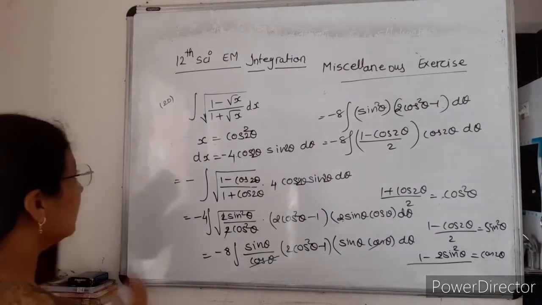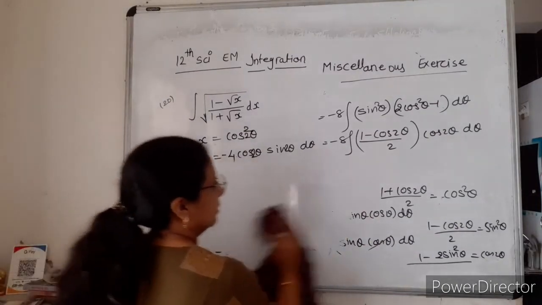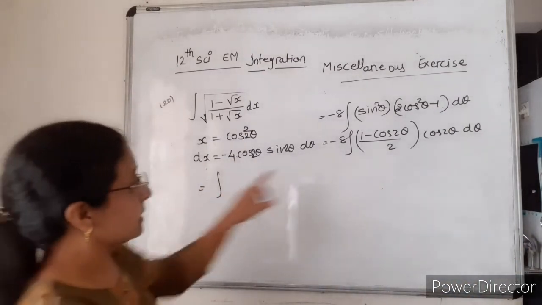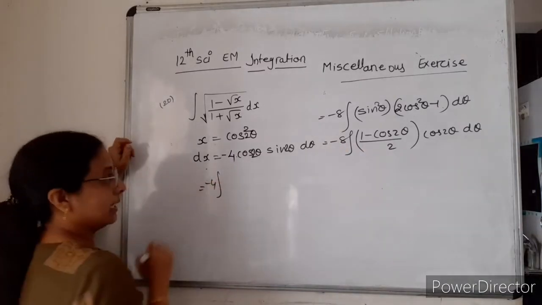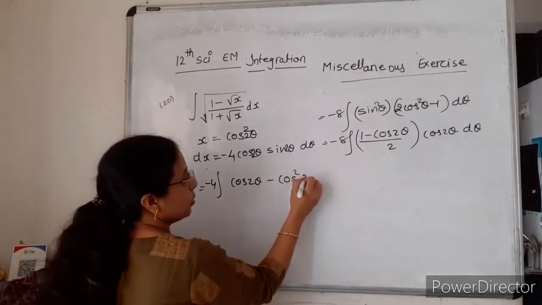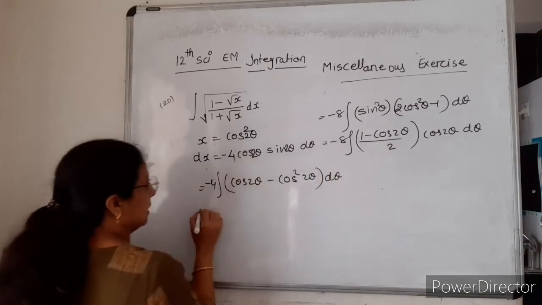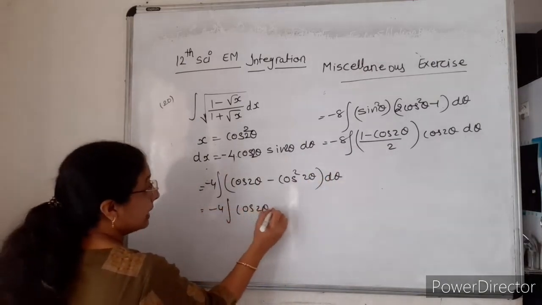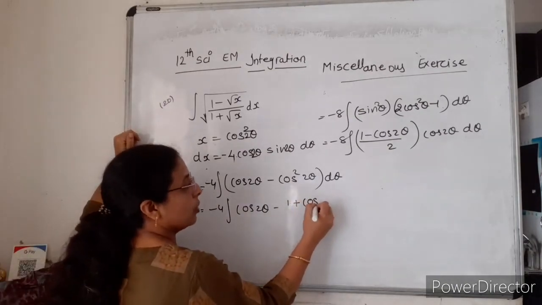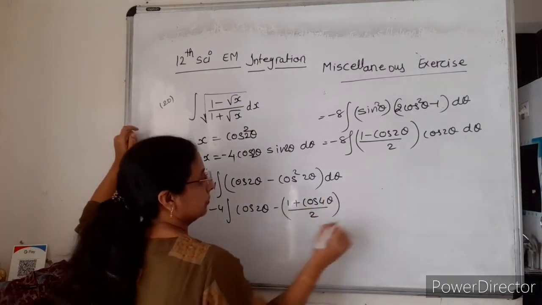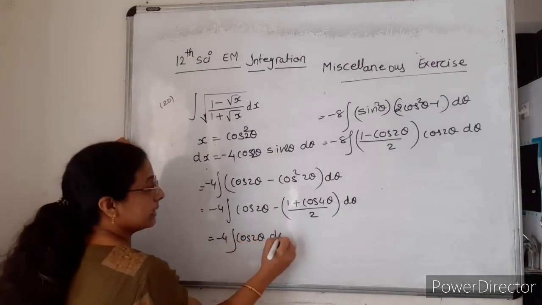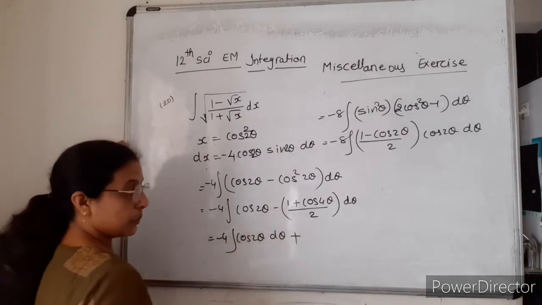So now what happened? This is equal to, here it is 2 times 4. So minus 4 cos 2 theta minus cos square 2 theta d theta. If you multiply again and again, this cos square 2 theta is 1 plus cos 4 theta by 2 d theta. So minus 4 cos 2 theta d theta, minus minus plus.